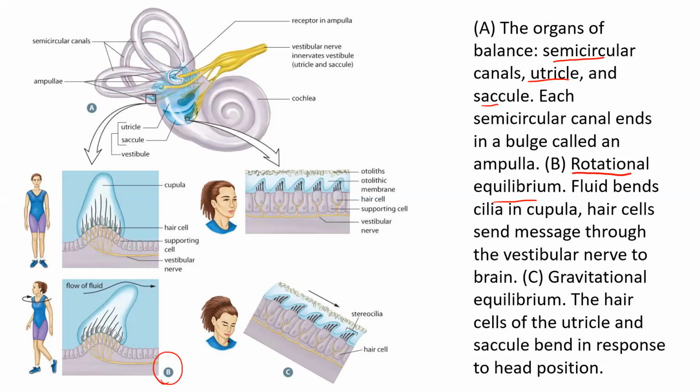And gravitational, I'm going to bend my head. Hair cells of the utricle and saccule bend. With rotational, it is the cupula in the semicircular canals, right? So spend a moment looking at those diagrams and read through that carefully. Again, watch the video. It will help a lot.